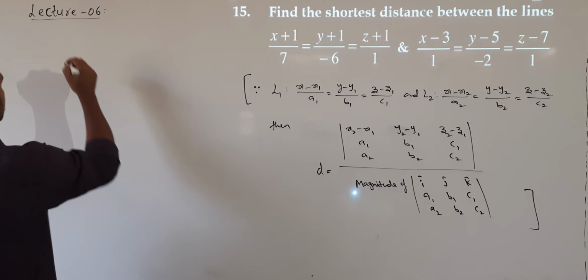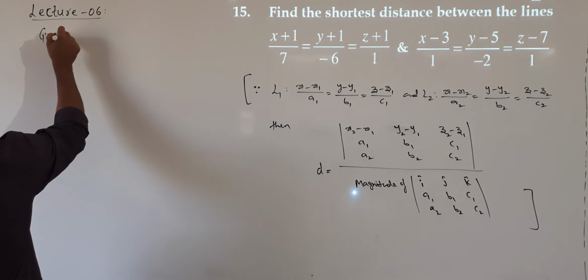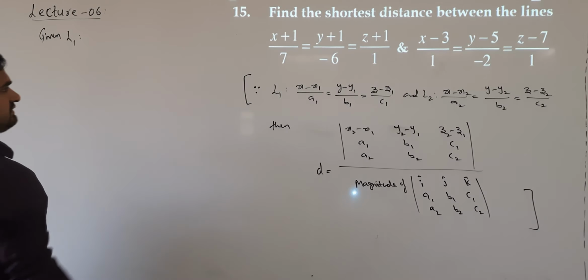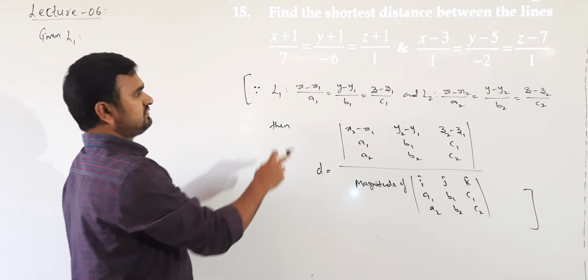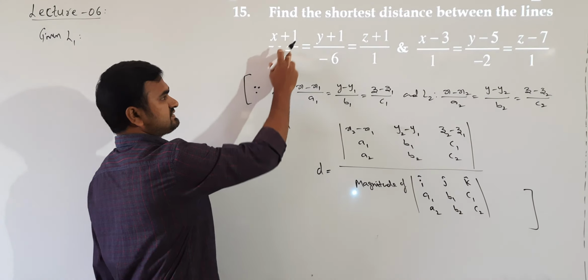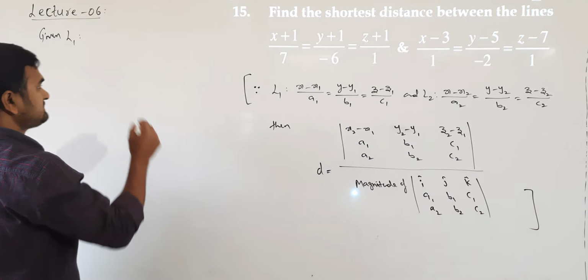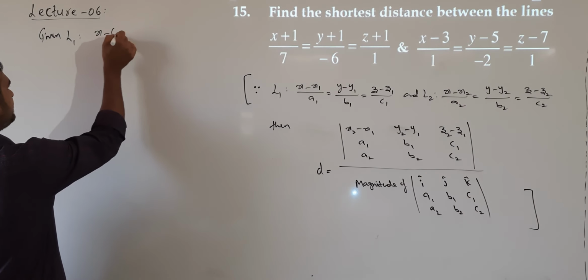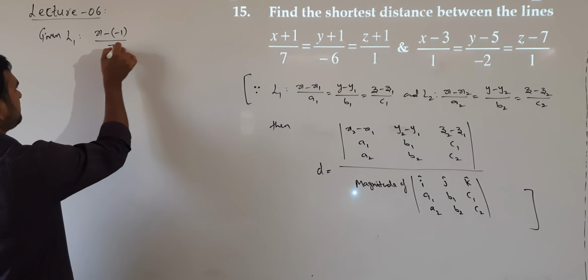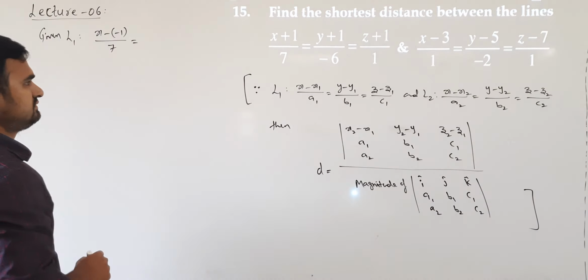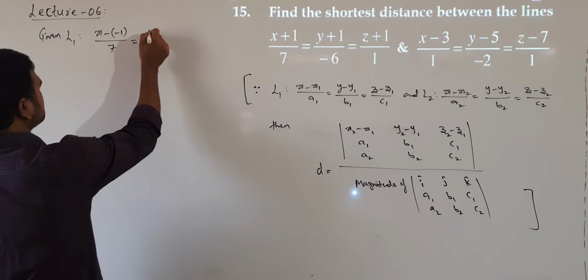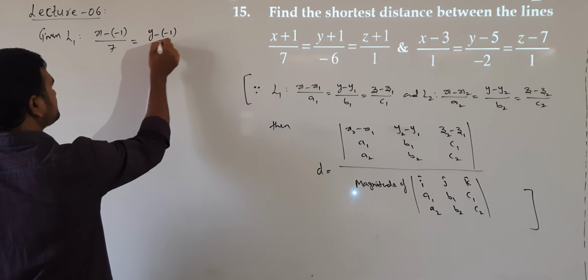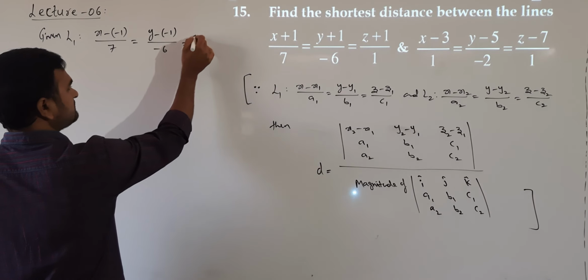Okay. So given lines are, first line I will take (x plus 1) by 7. We have to arrange it in the form (x minus x1) by a. So plus 1 I can write as x minus minus 1 divided by 7 is equal to y plus 1 by minus 6. I can write y minus minus 1 by minus 6.